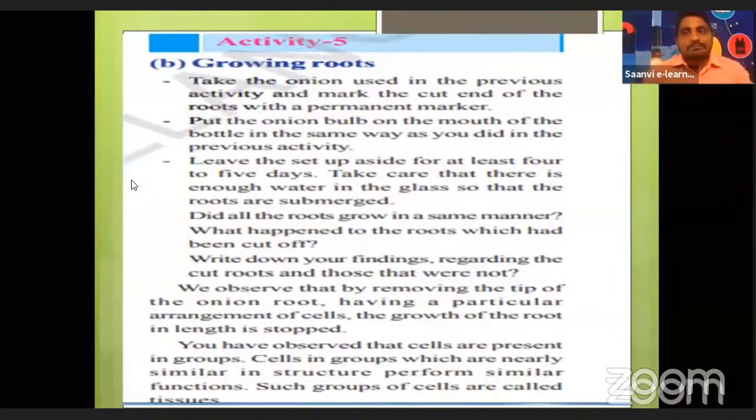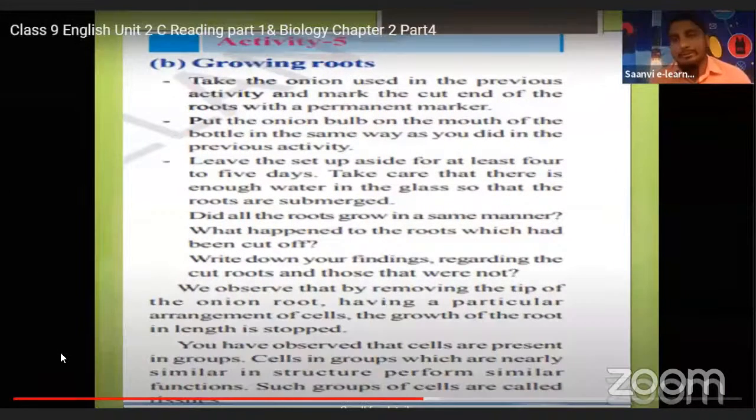Now here, many times we have used onion bulb and root tips to observe how cells are arranged. We had observed onion peel, a beetle leaf and cells in the root tip.